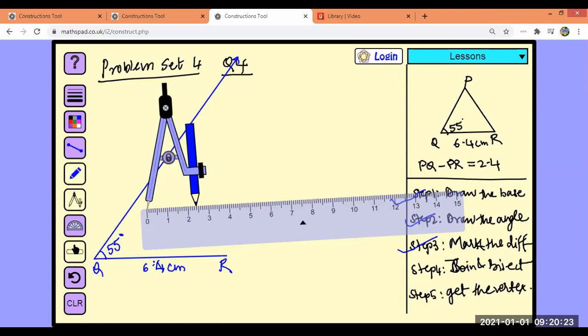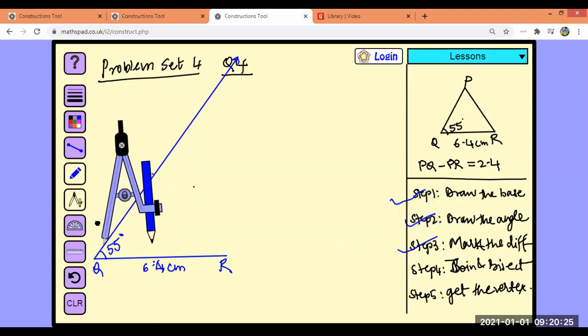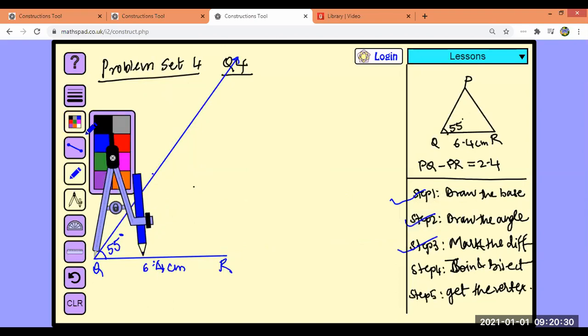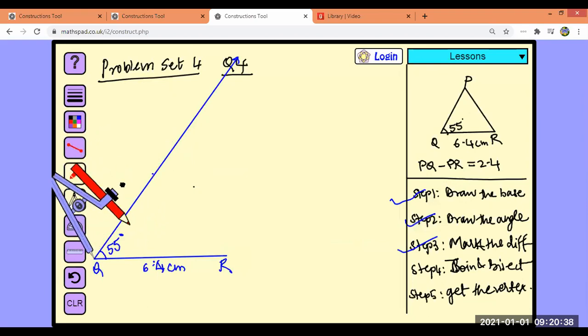Okay. And now we are going to place this steel point on Q and mark. We will mark the difference on this ray. So here we cross it out like that.